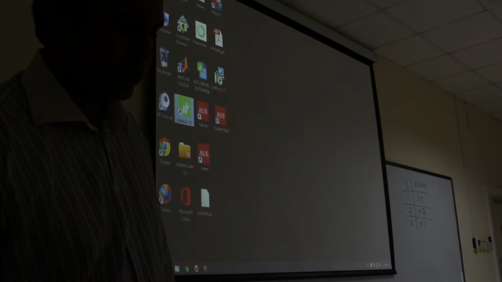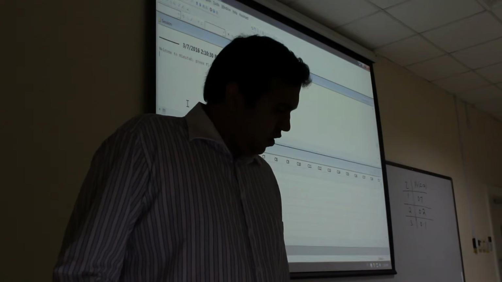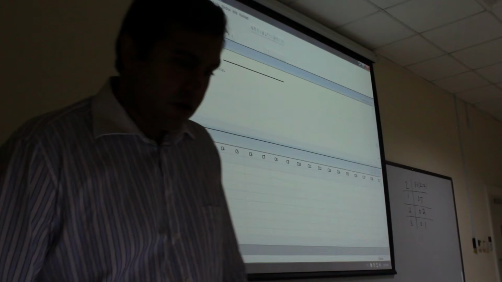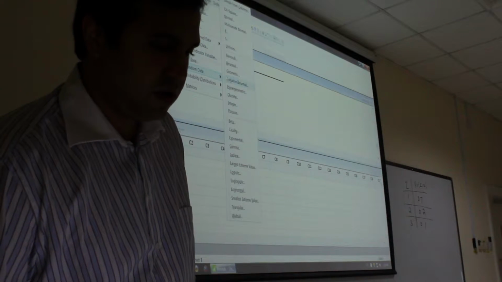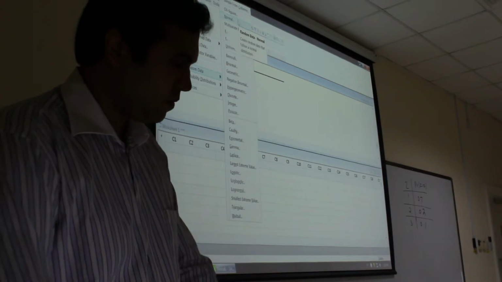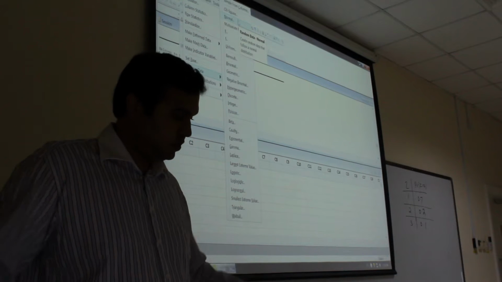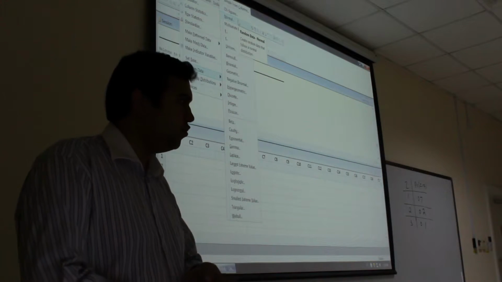There are other ways of doing it, but I just want a new sheet for this question. So you go to Calc, Random Data, and you go to Normal. Everything should be clear on your worksheet when you start this question. This is question 2A we're looking at right now.